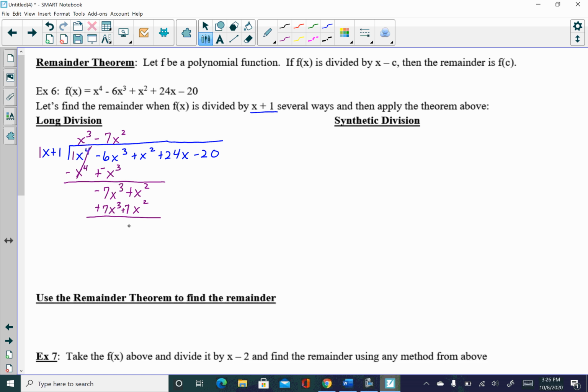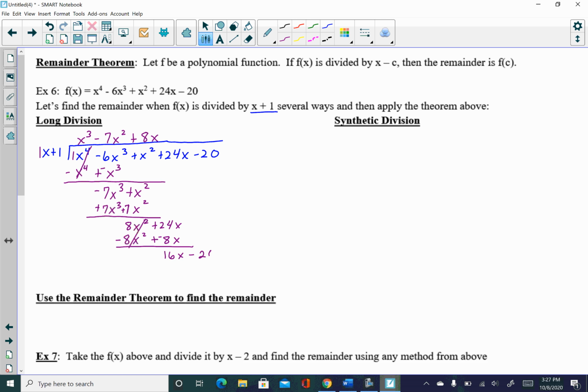7x cubes cancel out. That'll leave me with 8x squared plus 24x. 1 times what gives you 8? Positive 8. You've got 1x, but you need 2, so another x up there. 8x times x, 8x squared, 8x times 1, positive 8x. Draw your line, change your signs. 8x squareds cancel out. 24 take away 8 will give you 16x.